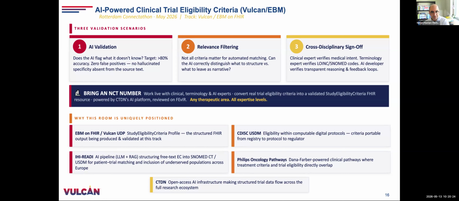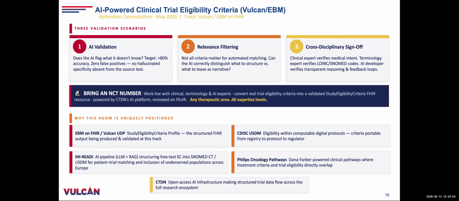No worries. Good. Right. In addition to the Vulcan UDP track and the AI-powered clinical trial eligibility criteria track, we also have an evidence-based medicine track. One of the scenarios in that is to convert study protocol data, typically from the trial registry forms, clinicaltrials.gov or the European CTIS, to FHIR form.